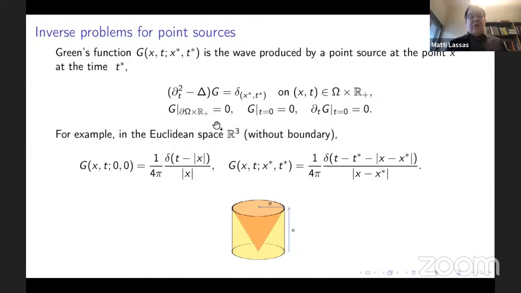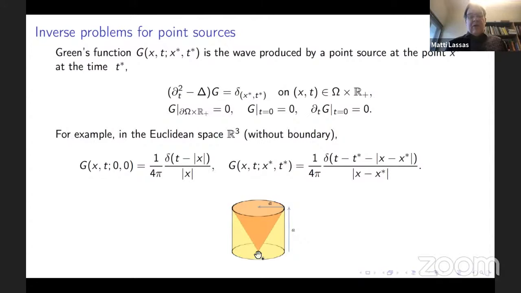For instance, in Euclidean space, when we have a source at point 0 at time 0, this is how the Green's function, that is the wave produced by the point source, looks. It is a delta distribution evaluated at t minus the absolute value of x, divided by the absolute value of x.